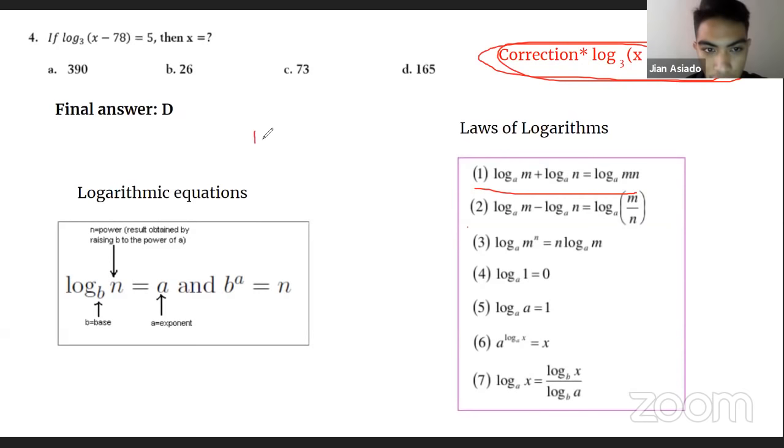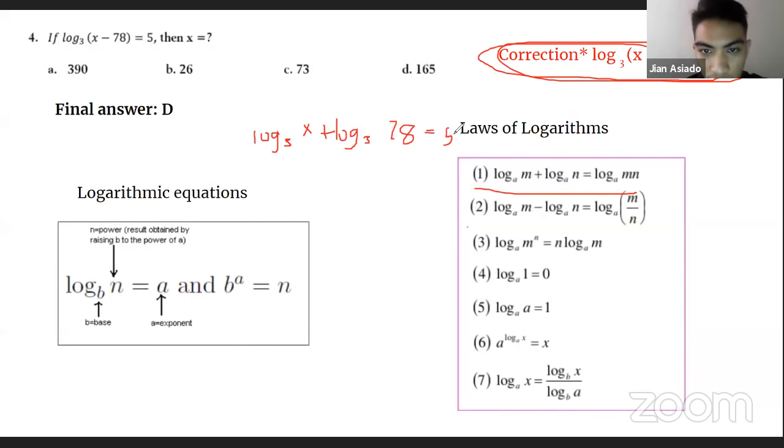So let's transform this into exponential. Log of 3x plus log of 378 is equal to 5.